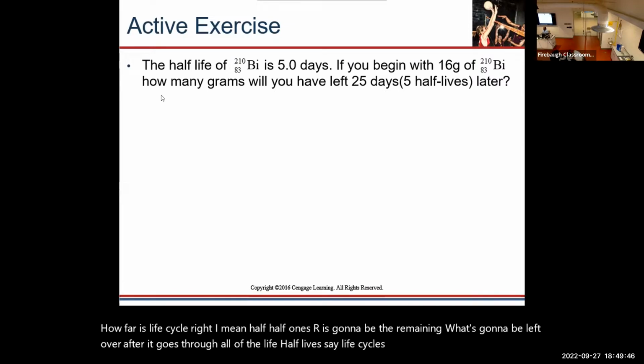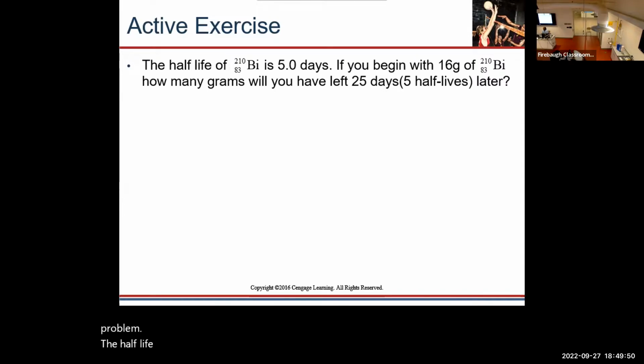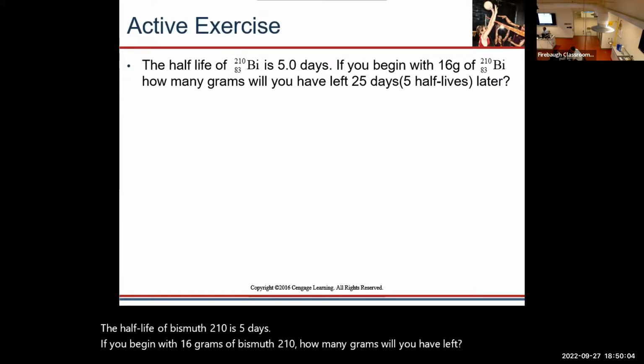Okay, so here's our problem. The half-life of bismuth 210 is 5 days. If we begin with 60 grams of bismuth, how many grams do we have left after 25 days?